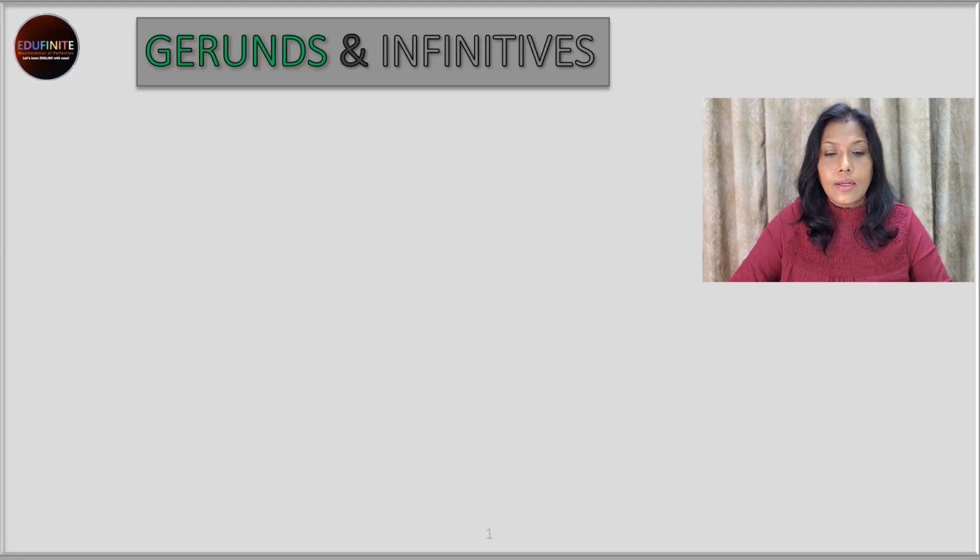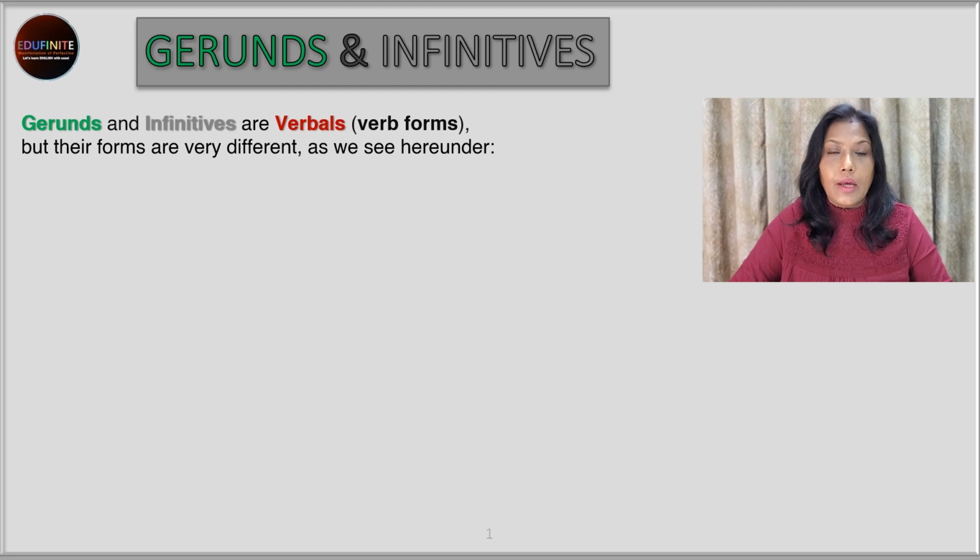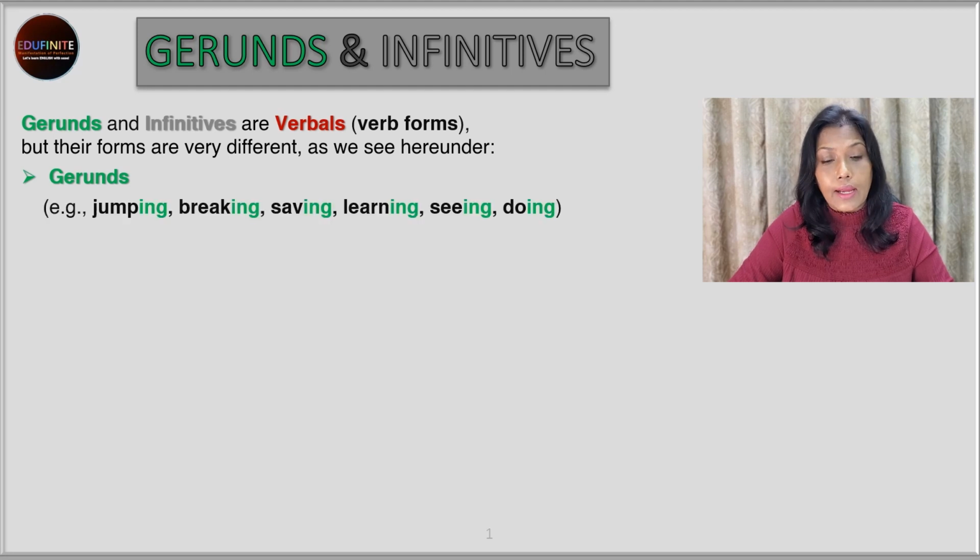Well, gerunds and infinitives. Now, gerunds and infinitives are verbals, that means verb forms, that means they look like verbs, but their forms are very different. As we see here, how do gerunds look like? They look like jumping, breaking, saving, learning, seeing, doing. That means it's the base verb plus ing.